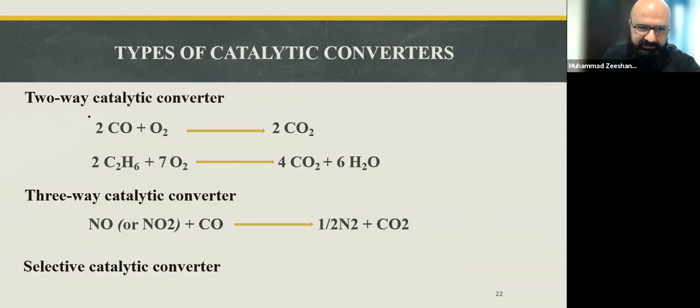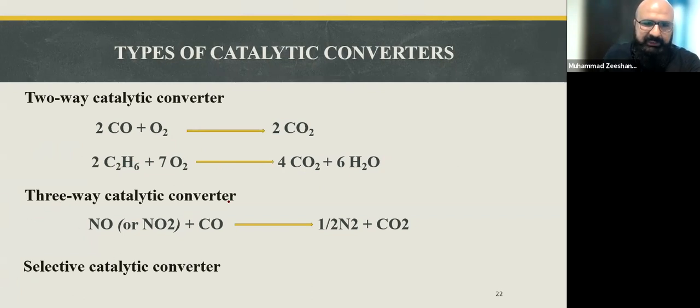There are types of catalytic converter. There is a two-way catalytic converter, and that only oxidizes the CO and hydrocarbons. When we oxidize CO, that forms CO2, which is of course less toxic as compared to CO, which is highly toxic. Similarly, when we oxidize the hydrocarbons, we get carbon dioxide and water.